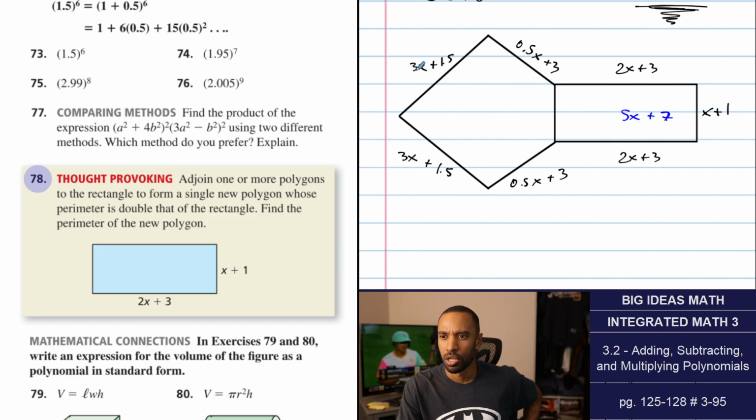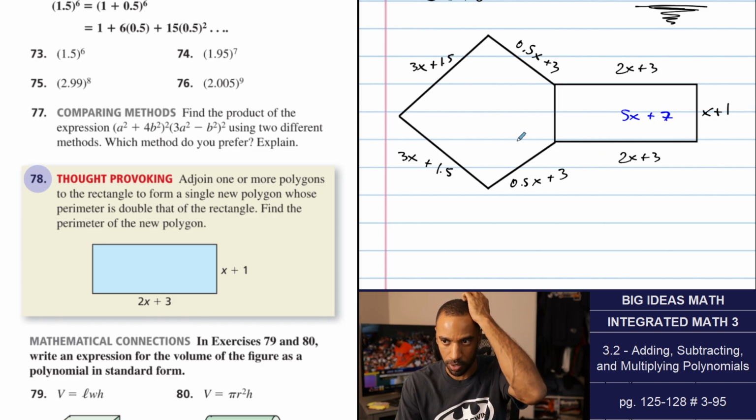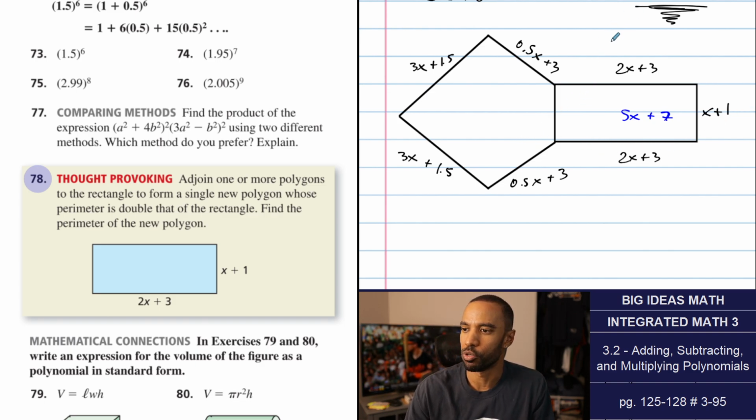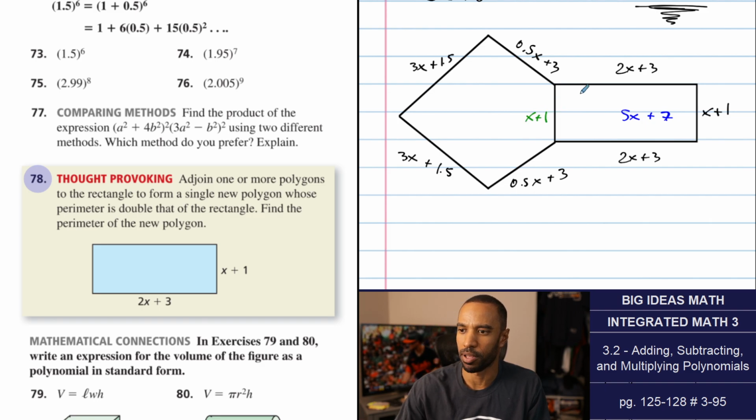This is 3, 6, 7, 8, 9, 10, 11, 12x plus 3, 6, 9, 15, 16. 12x plus 16. Okay, so that's good. The perimeter of the new shape now, keep in mind this would have been x plus 1.